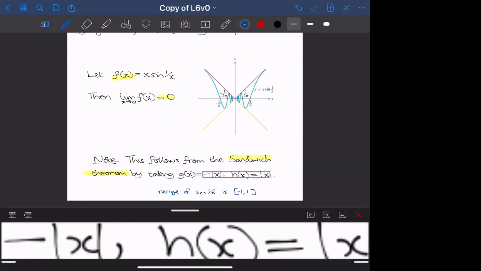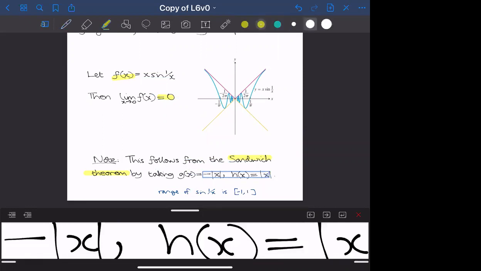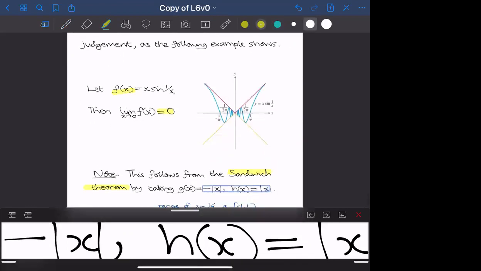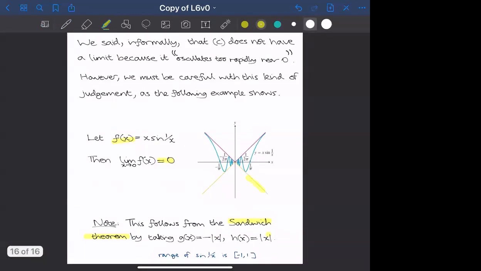Minus the absolute value of x gives us this, and plus the absolute value of x gives us this. So between those two things, the function is in a sandwich, and we get that the limit is 0. So the limit exists, even though it oscillates rapidly, because the oscillations get smaller. The limit exists.